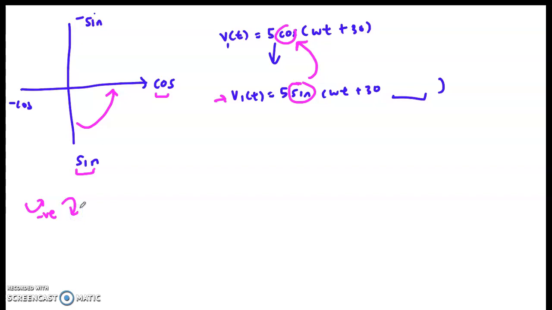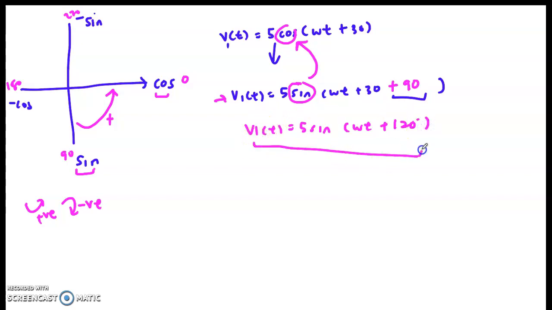If it is clockwise, it is negative. So this is 0, this is 90, this is 180, this is 270. From here to here you need to add 90. So you get v1(t) equals 5 sine(omega t plus 120). This is how you change from cosine to sine, by adding 90.